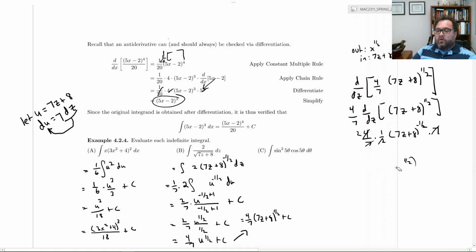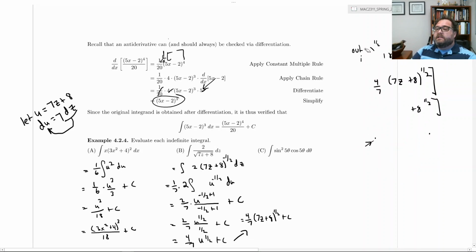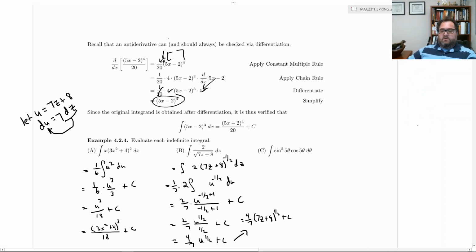Cool. One more example. Now this last example is a little more complicated. Not too much more. But when you look at it, notice we have a doubly composite function. Why do I say it's doubly composite?